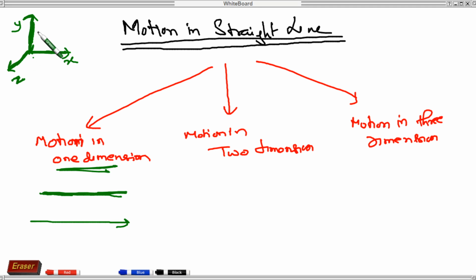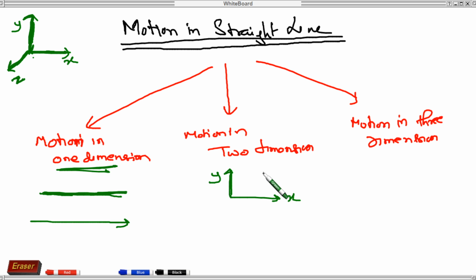Now, what will be two dimensions? In the case of two dimensions, I am considering any of the two axes, either xy, xz, or yz. Here I am considering only xy.